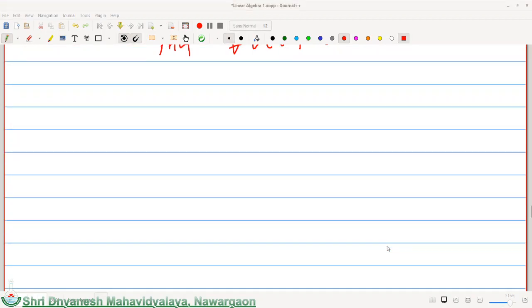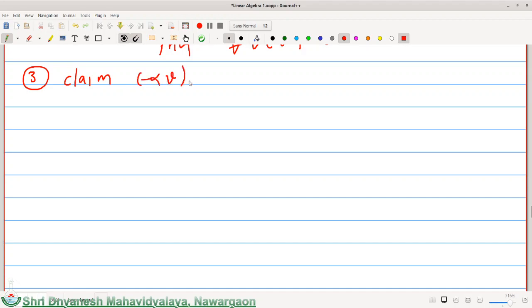So next number we will prove now. Number 3. Claim: (minus alpha) into v is equal to minus of (alpha into v) for all alpha belonging to field F and for all v belonging to V. Okay.